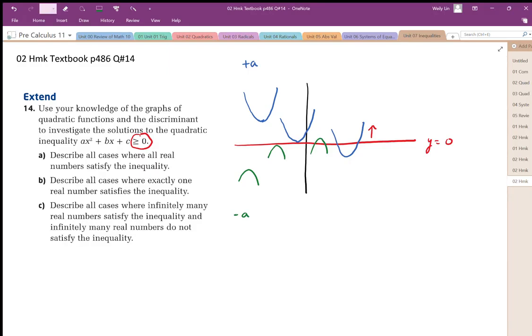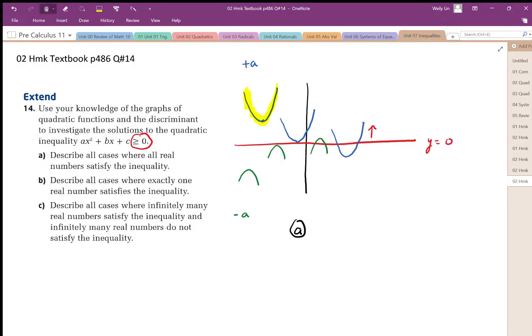So for part A, it asks, describe all cases where all real numbers satisfy the inequality. Well, that would only be in this situation here, where every part of this graph is always going to be above the x-axis.